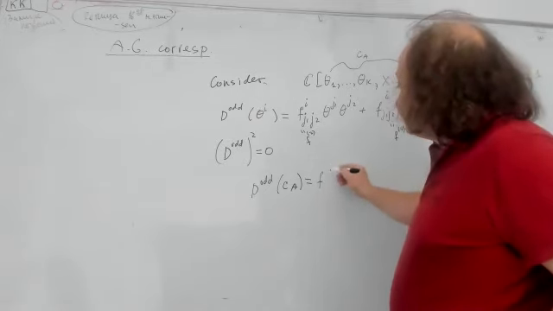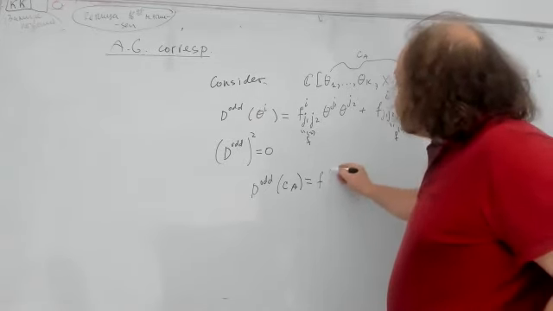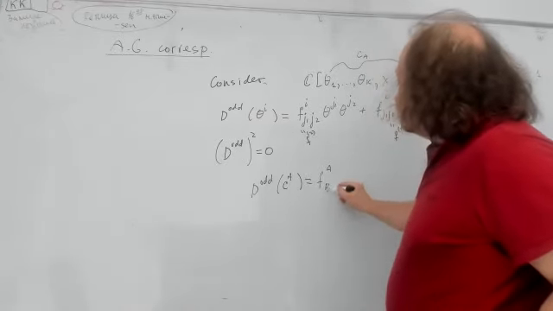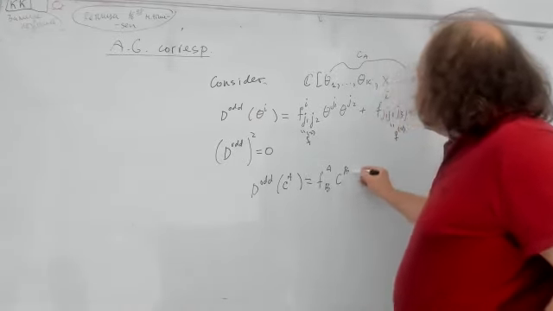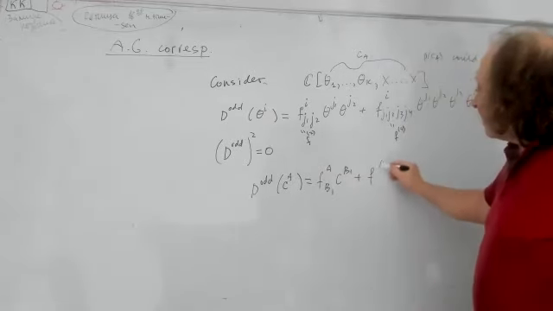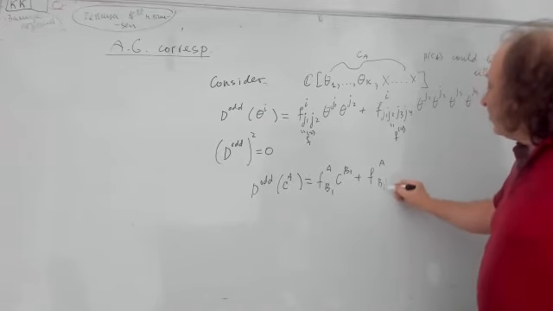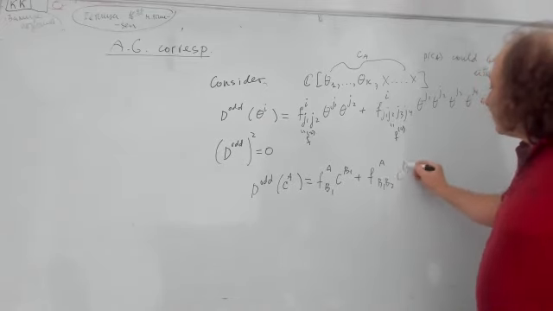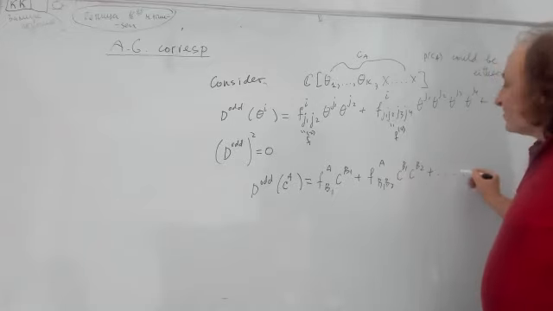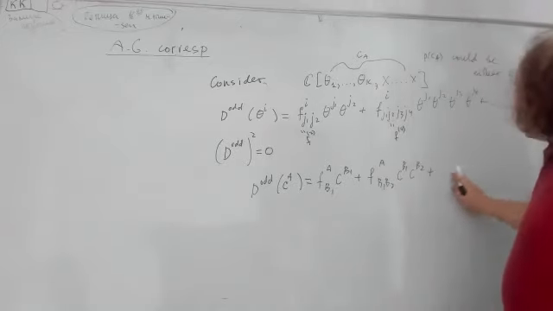F, sorry, FAB, CB plus FA, B1, B2, CB1, CB2, plus etc. All right?